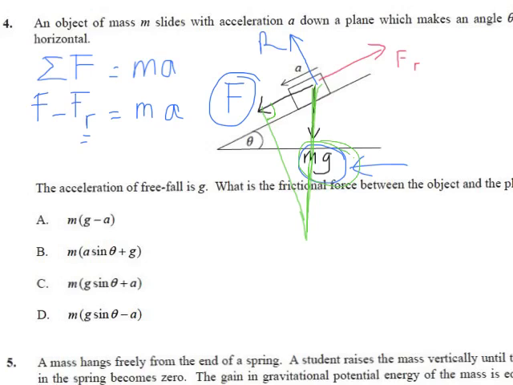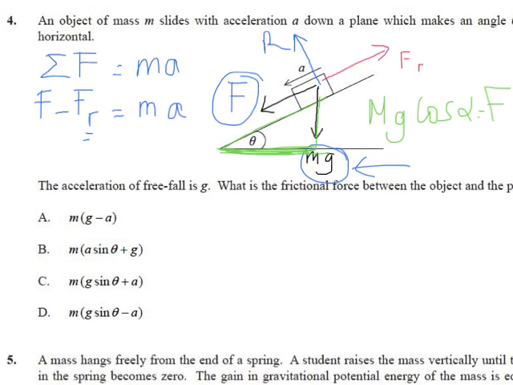If we resolve along the slope, then F would be equal to mg cosine of this angle here. I'll call it alpha. If we can figure out what alpha is, we'll know that F is mg cosine that angle. Now, what's that angle? If you now look at this triangle, it's apparent that alpha is simply 90 minus θ.